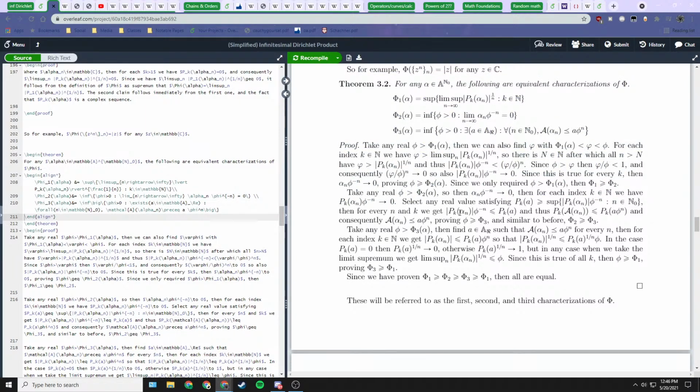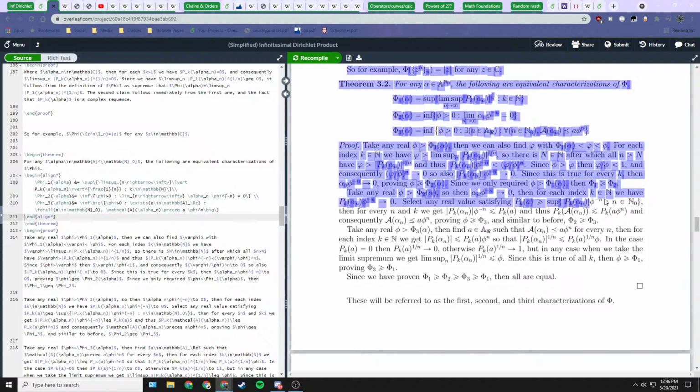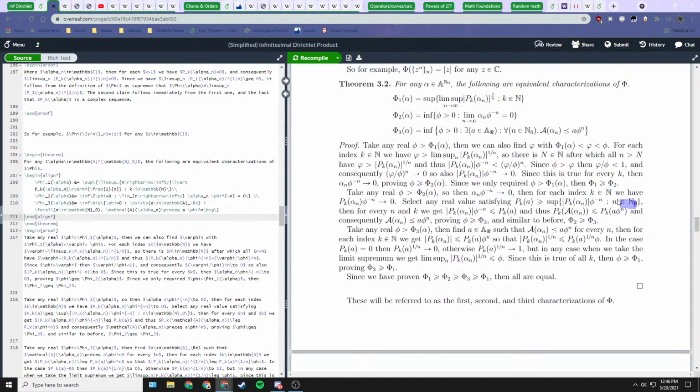So eventually we can find a point where it's never going to exceed, and we can just select this p sub k of a to be greater than or equal to that supremum across all the terms.